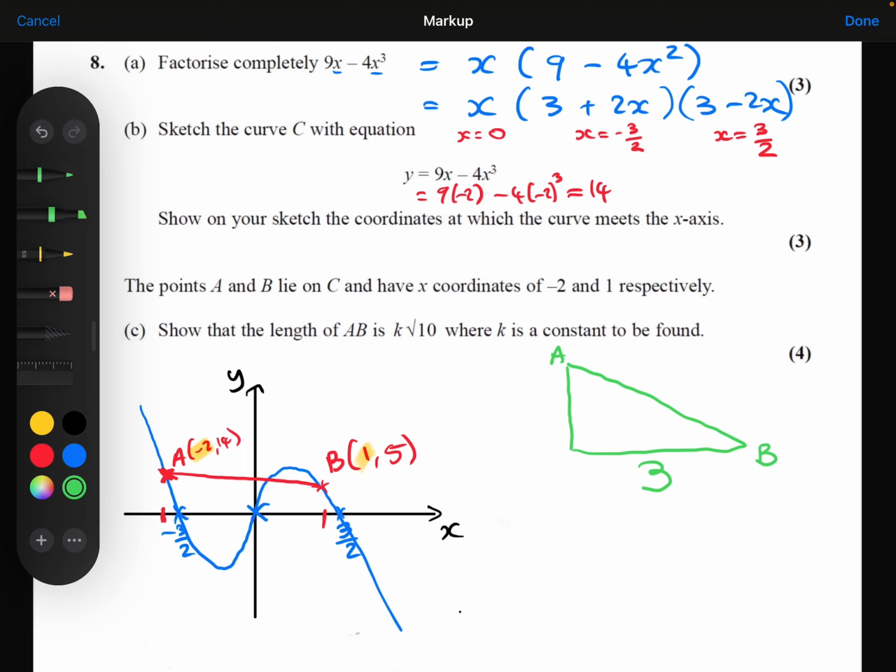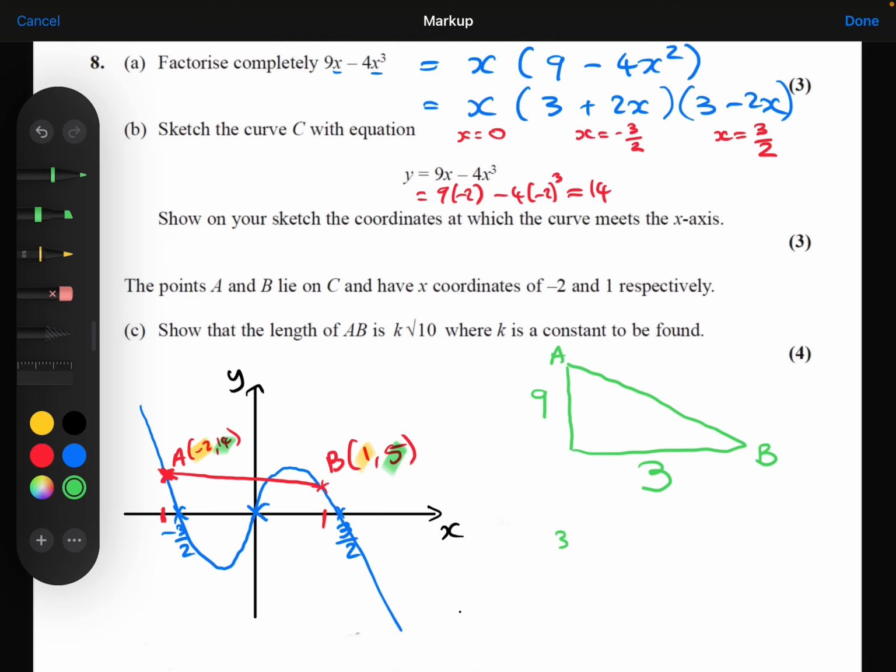Now focusing on the y coordinates, the y coordinate here is 14, the y coordinate here is 5. So 14 minus 5, the difference between them is 9. So what we're saying here is to go from A to B, we're going along 3 in the x direction and then down 9. So to work out the distance between them, quick bit of Pythagoras.